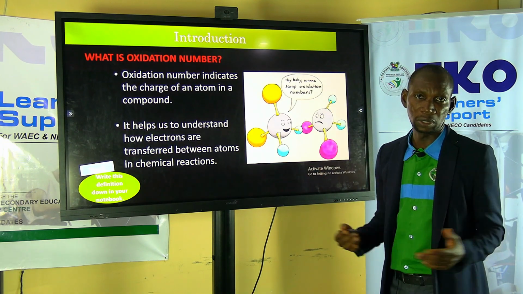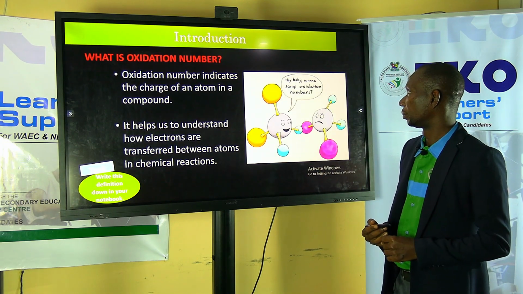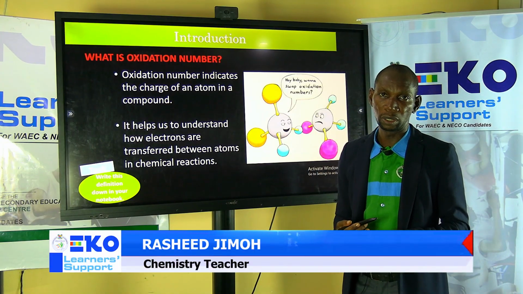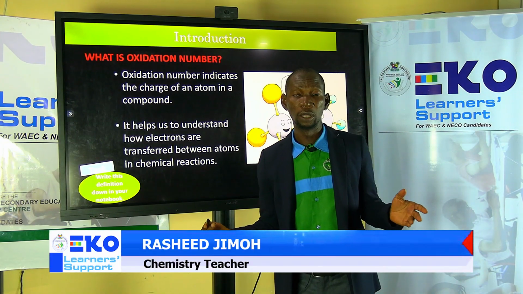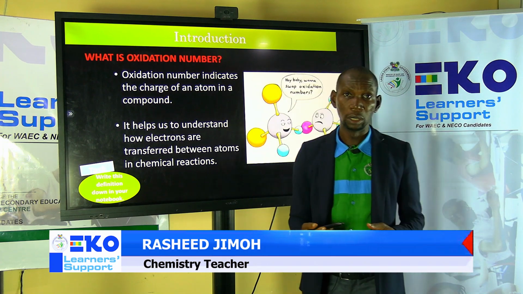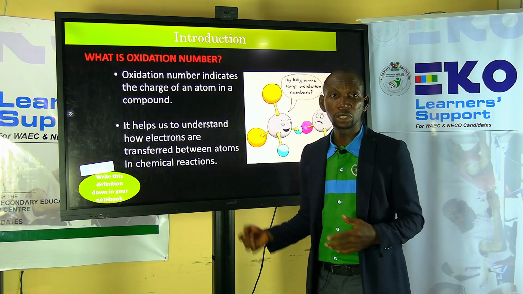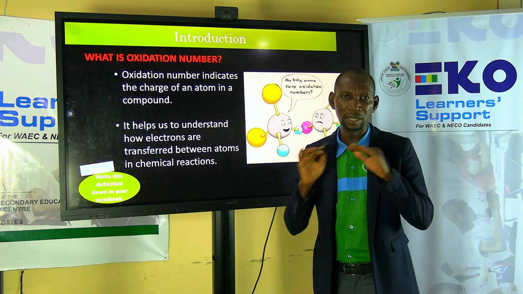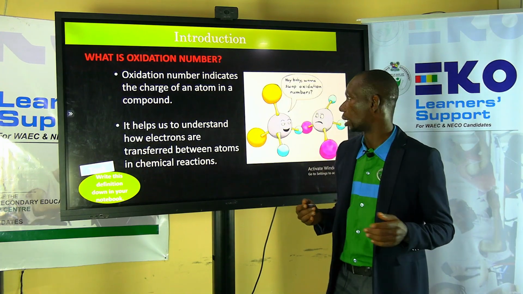So what is oxidation number? As its name suggests, we have so many numbers in chemistry. We have atomic number, we have mass number, we have oxidation number. Oxidation number simply indicates the charge of an atom in a compound. That's exactly what it is, the charge on an atom in a compound.